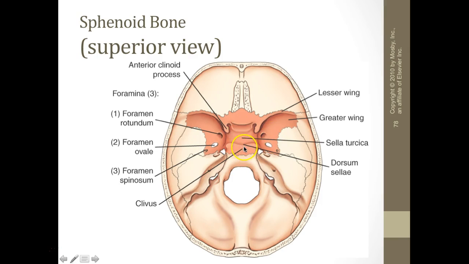This is your dorsum sella. This is your clivus. Remember how we talked about how the occipital bone comes up the basilar portion? So this is the basilar portion to the clivus. A lot of times you can't see the suture line, so it's hard to tell. So here's your foramen spinosum, foramen ovale, shaped like an oval, foramen rotundum, it's round, rotundum, round.